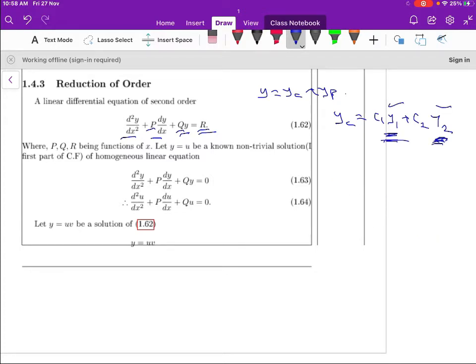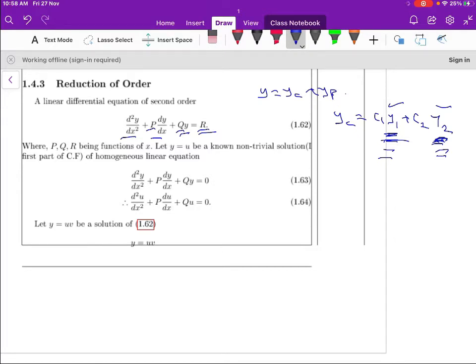As we know, y1 and y2 are two linearly independent solutions of the homogeneous equation, where y1 is the first solution and y2 is the second solution. If you know any one of the solutions, you can easily find the second solution by reducing the order of the differential equation.